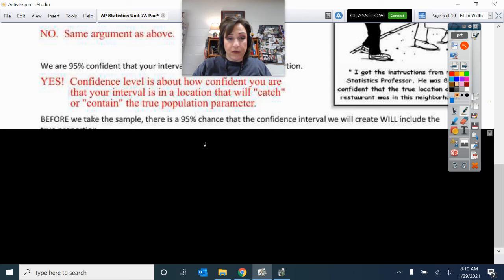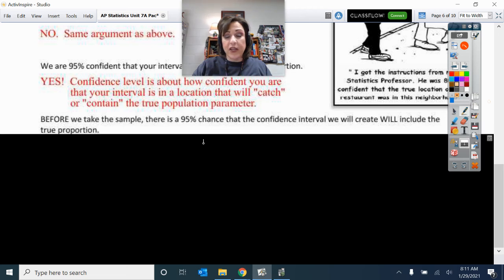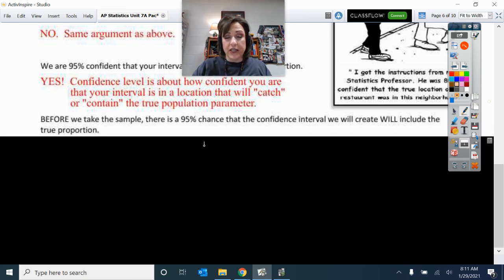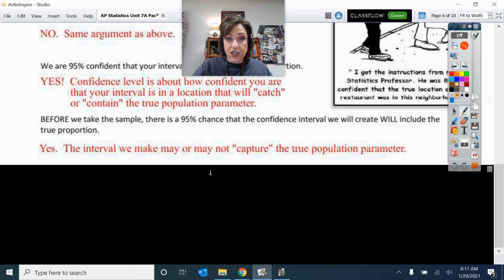Okay. Before we take this sample, there's a 95% chance that the confidence interval we create will include the true proportion. So the confidence interval, okay, so this is us making the confidence interval. Is there a 95% chance that the neighborhood we pick, or that the confidence interval we make, will capture the true proportion? So I'm liking that one. That one is good.